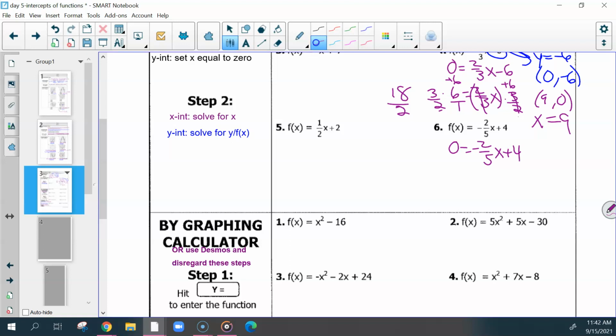How would I solve this? Move it how? Subtract 4 on both sides. And then what? How would we get rid of that negative 2/5?